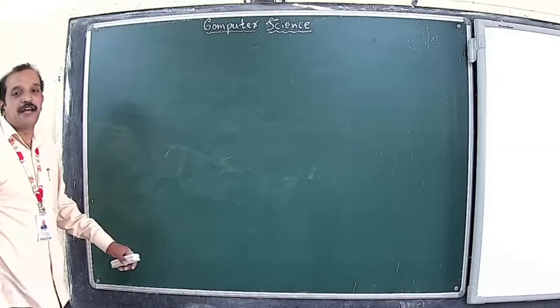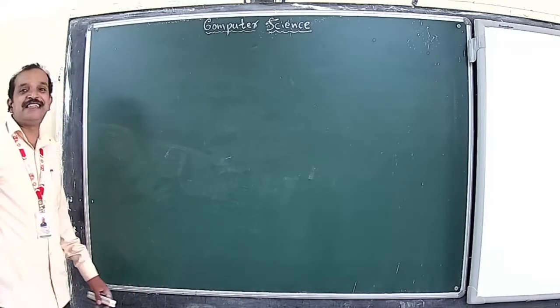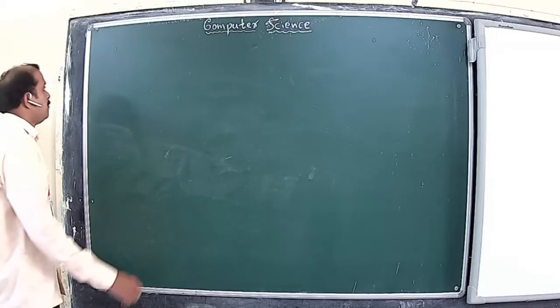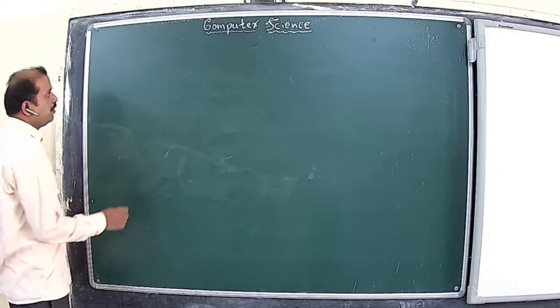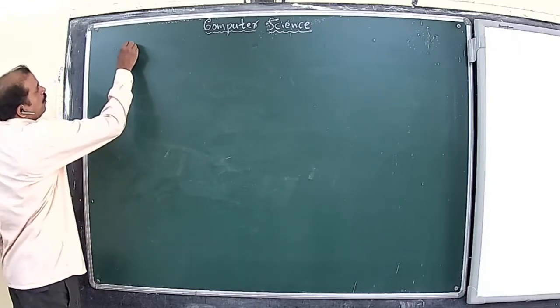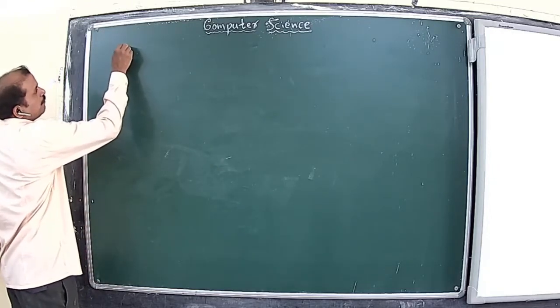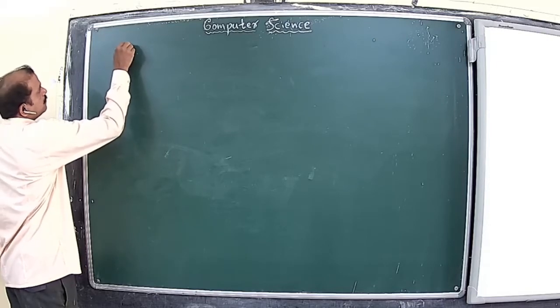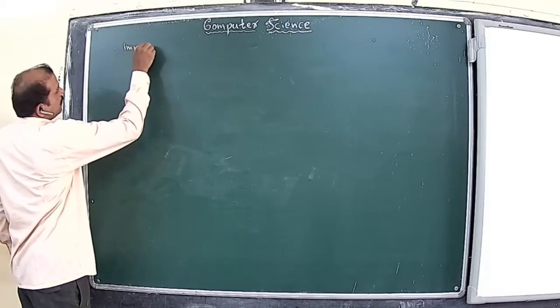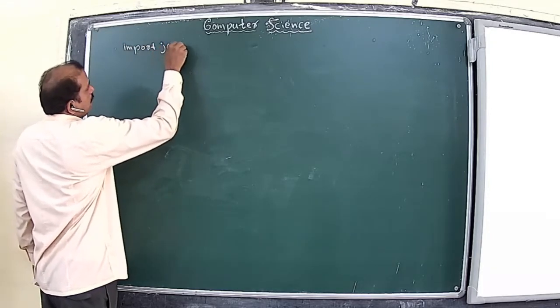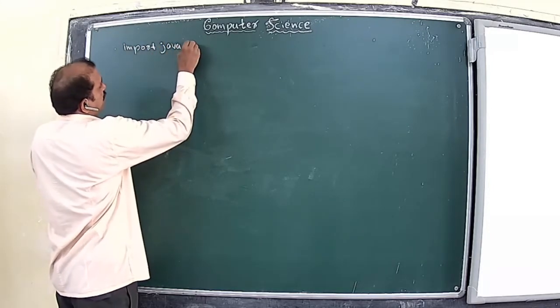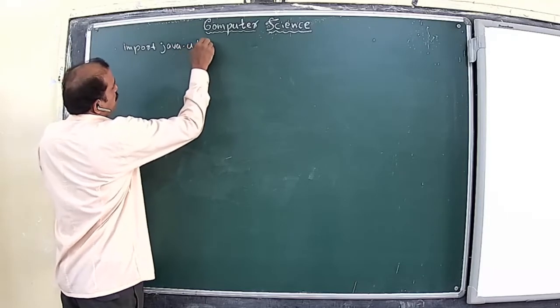Our next skill is initializing arrays using console input. We will learn it with the help of an example. First of all, it is necessary to use the import statement. Since we are going to use the scanner class, we will be importing the util package.